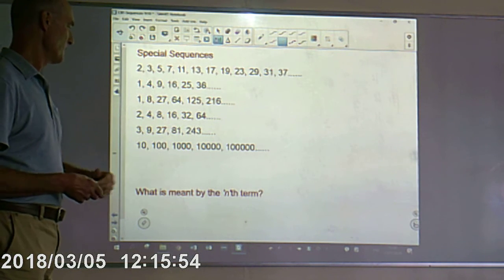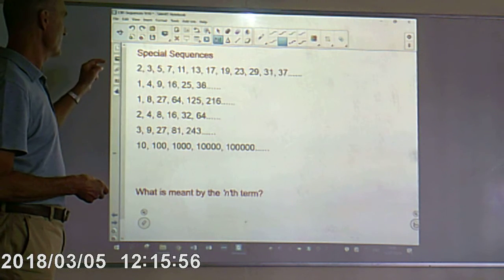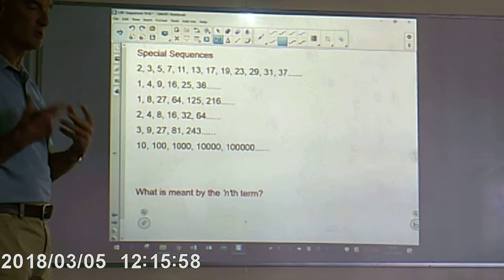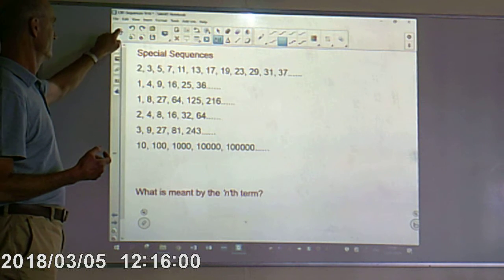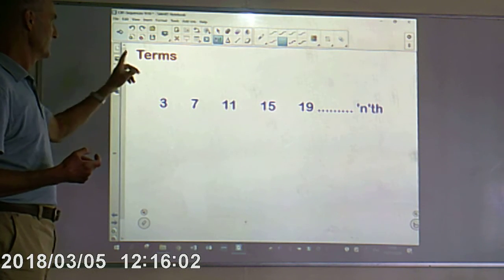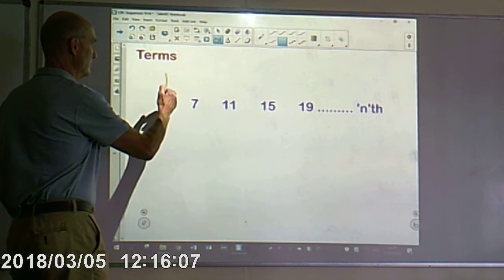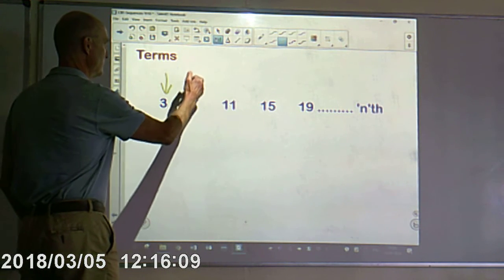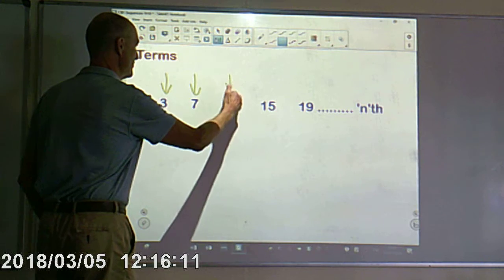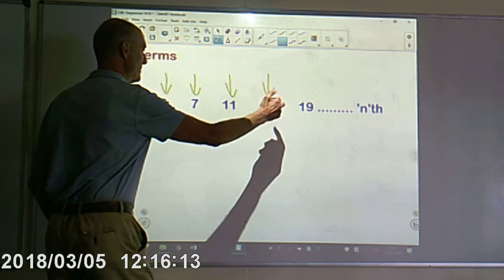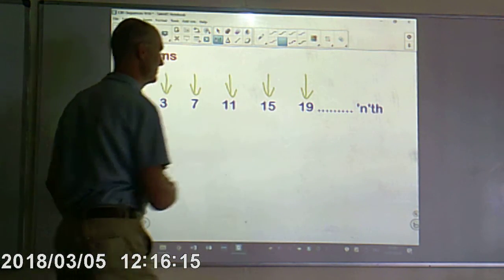Now, at the bottom there, I said what's meant by the nth term. So that's something you need to get in your head. So terms. First term, the second term, the third term, the fourth term, the fifth term.